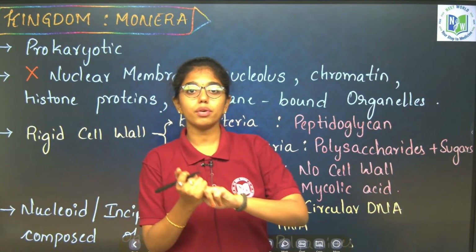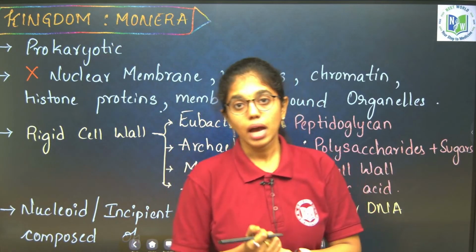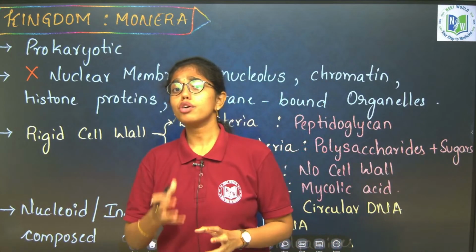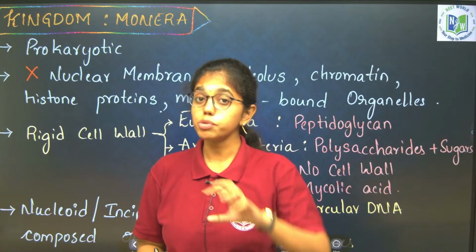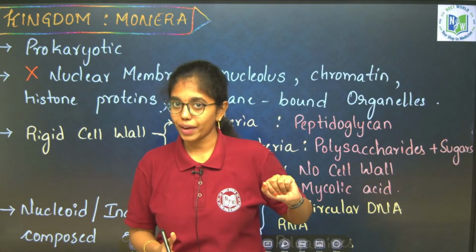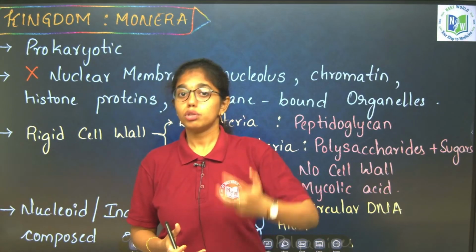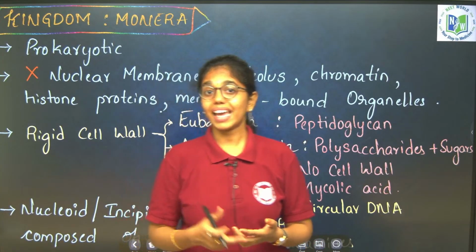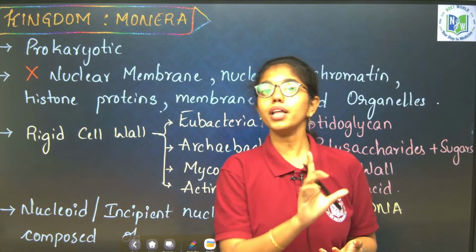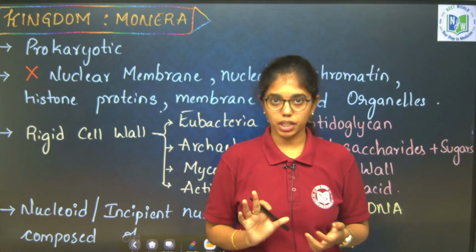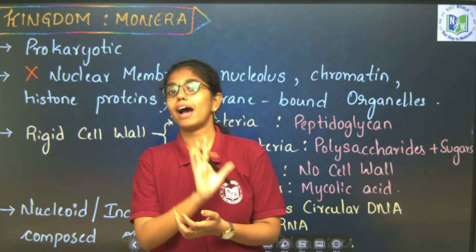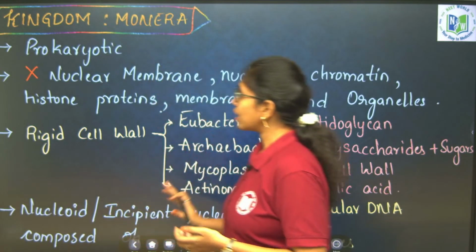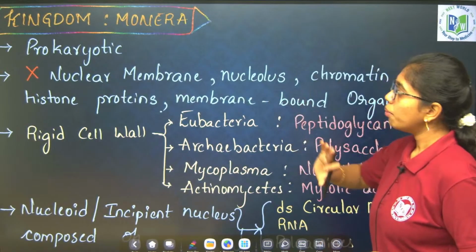At the end of this chapter we are also going to discuss those organisms which are not included in Whittaker's 5 kingdom system, like viruses, viroids, prions and lichens. Clear now? So, let us begin with the kingdom Monera.